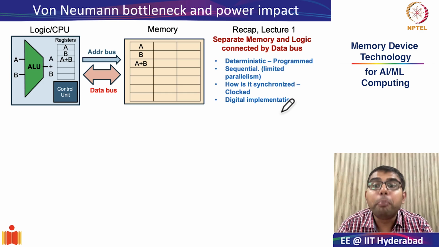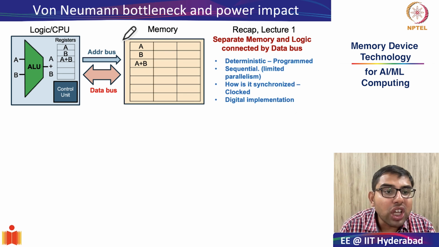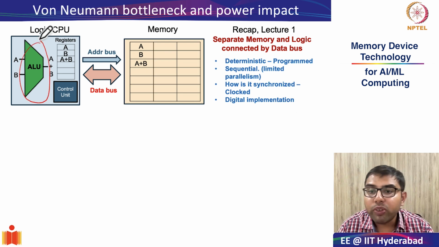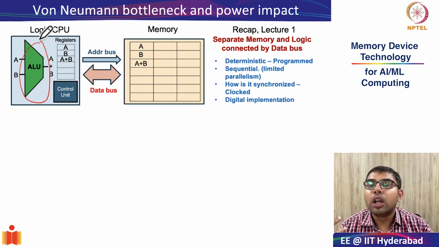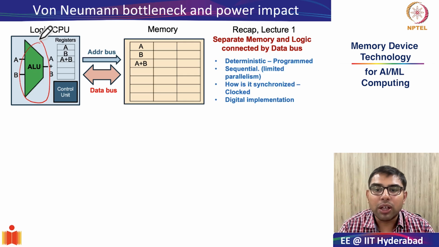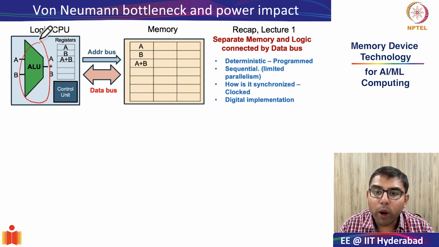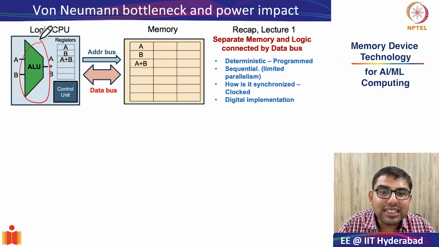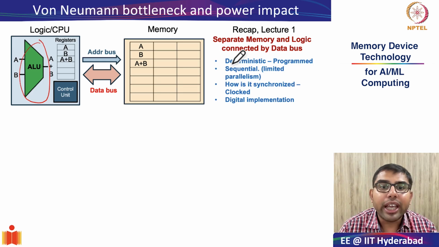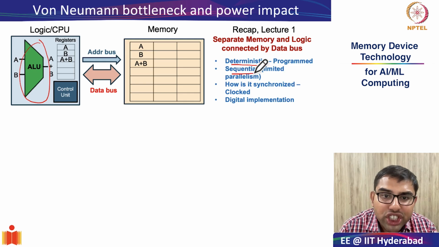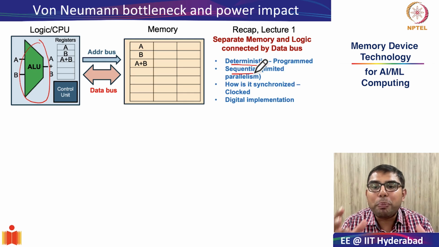The ALU performs all the computations in the logic subsystem, while the memory unit stores the inputs and the results. The communication happens over the address bus and the data bus. The key point here is that this design, in essence, is deterministic and sequential, with very limited parallelism.